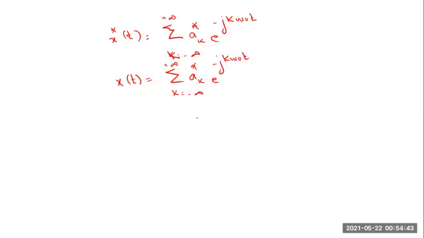So we get this thing. Now, on the right hand side, replace k by minus k. We can do this because the interval of summation is from minus infinity to plus infinity.